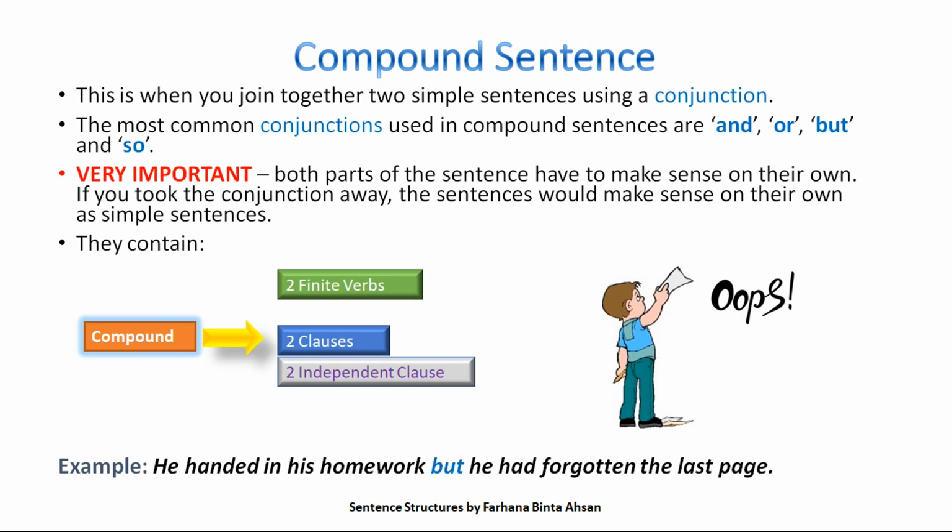You have to remember these things. So let's take an example. He handed in his homework, but he had forgotten the last page. So you have to look, this sentence joins with the conjunction but. There are two clauses and we join two clauses with the conjunction but.